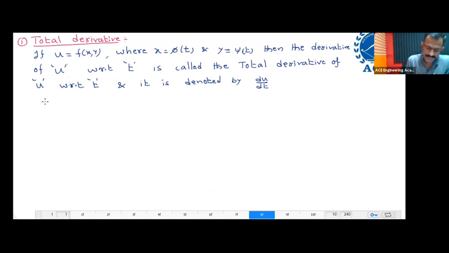Therefore, du by dt equal to dou u by dou x into dx by dt plus dou u by dou y into dy by dt.